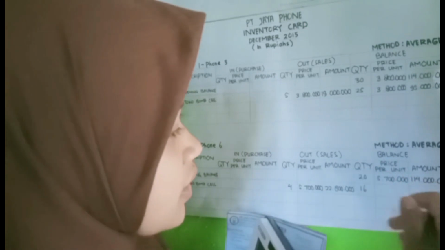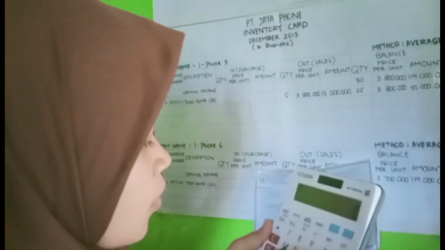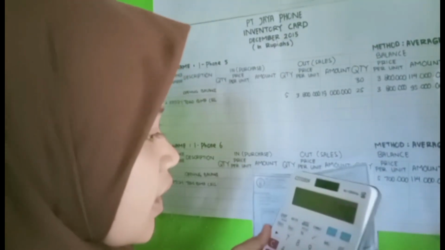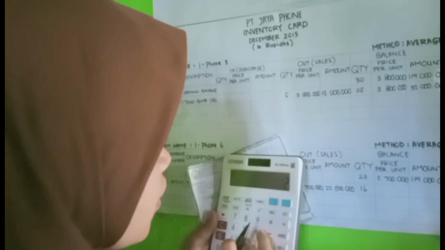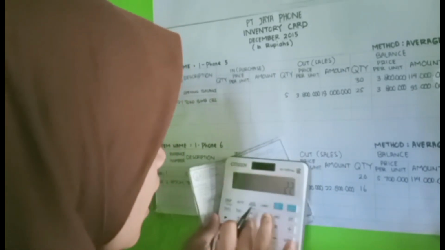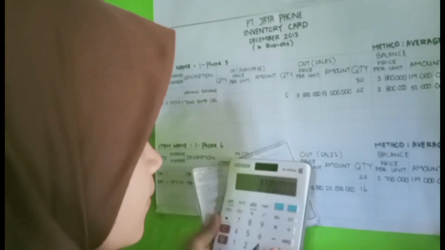Price per unit, later. For amount, 114 million rupiah minus 22,800,000 equals 91,200,000 rupiah.